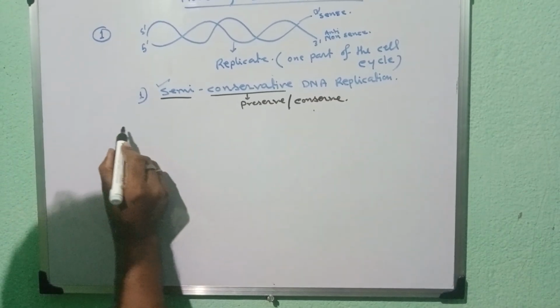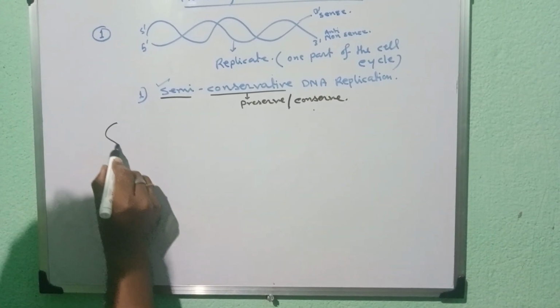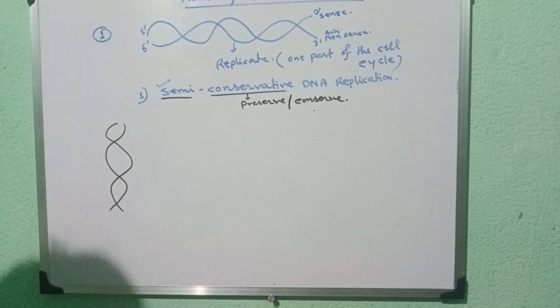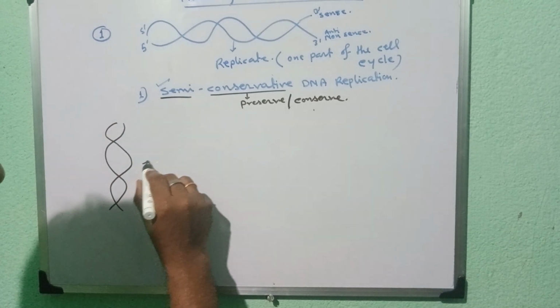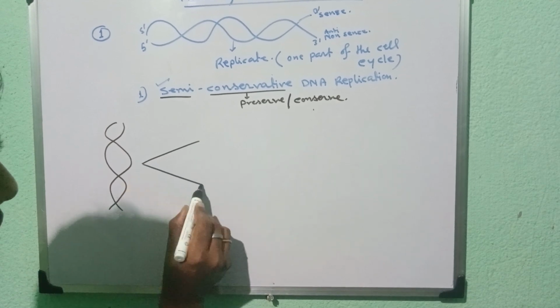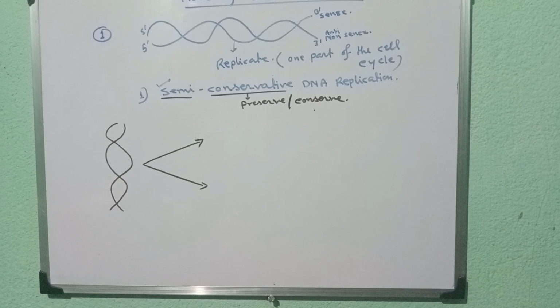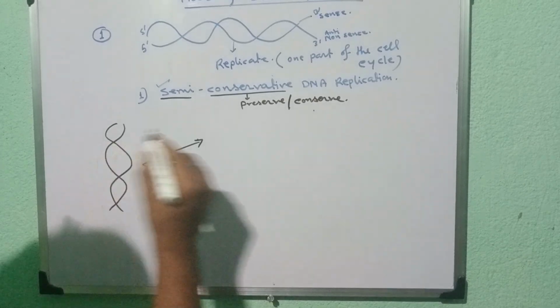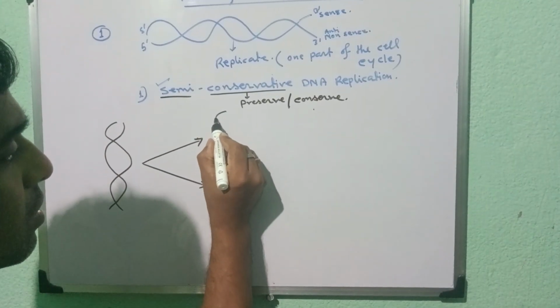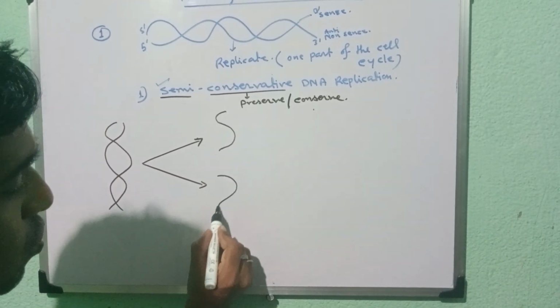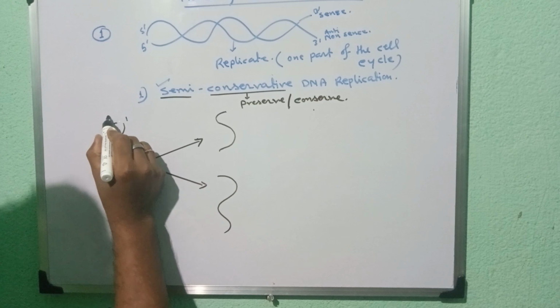There are two strands of DNA, and these two strands replicate. See, these two strands are separated. This is one strand, and this is the second strand.